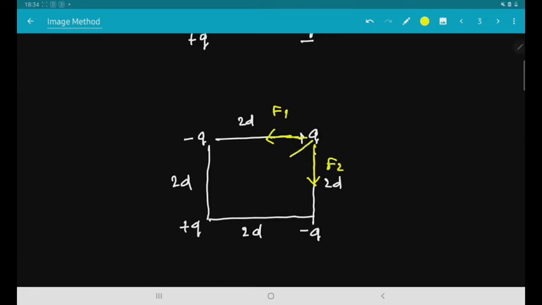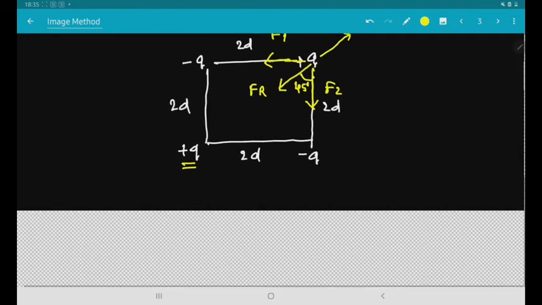So the resultant will be in this direction, and due to this positive charge there will be a repulsive force on this. Let us call this F3 and this is the resultant of both. Now we know that it is a square, so this angle will be 45 degrees.